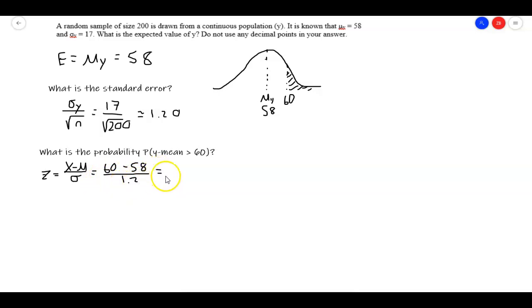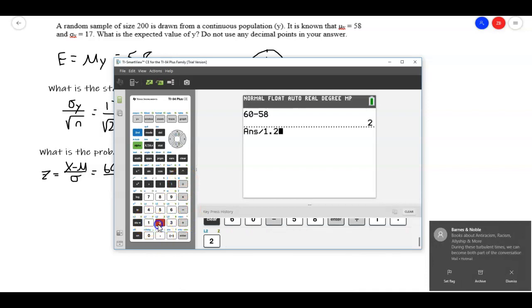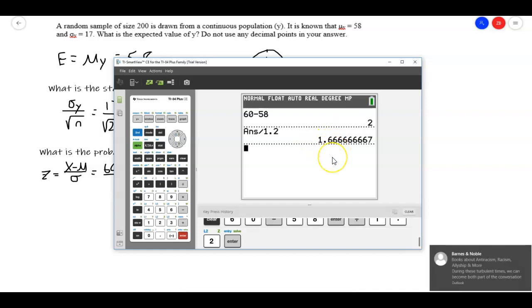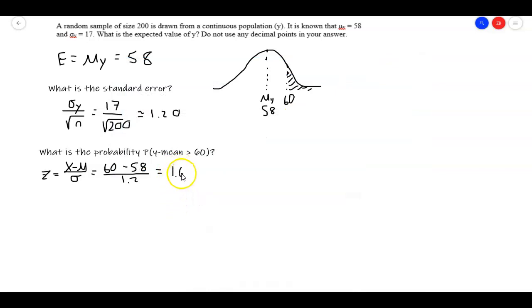Let me pull up my calculator. 60 minus 58, divided by 1.2, and I'm going to round this off to 2 decimal places because that's what my table looks like. So this is going to be 1.67.